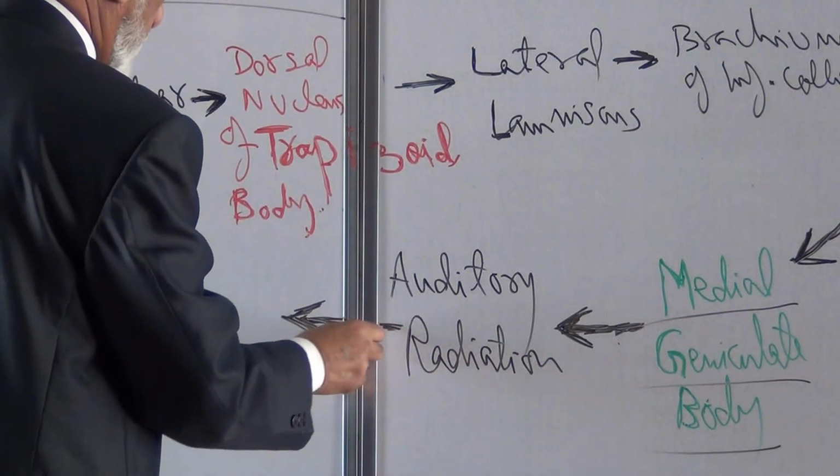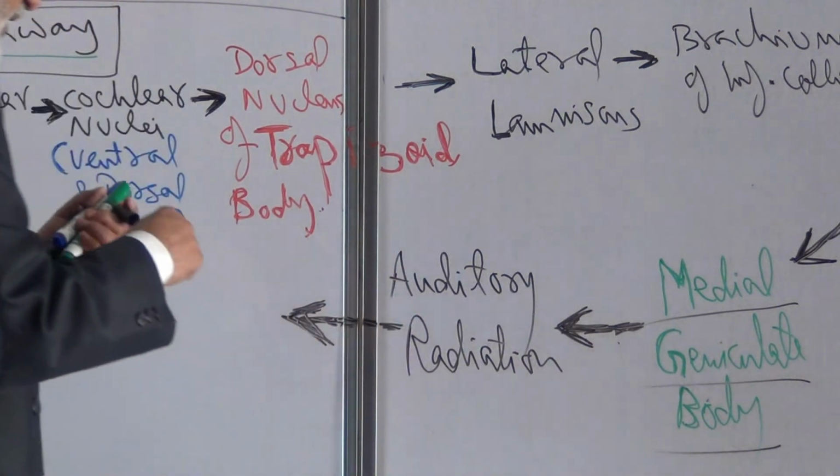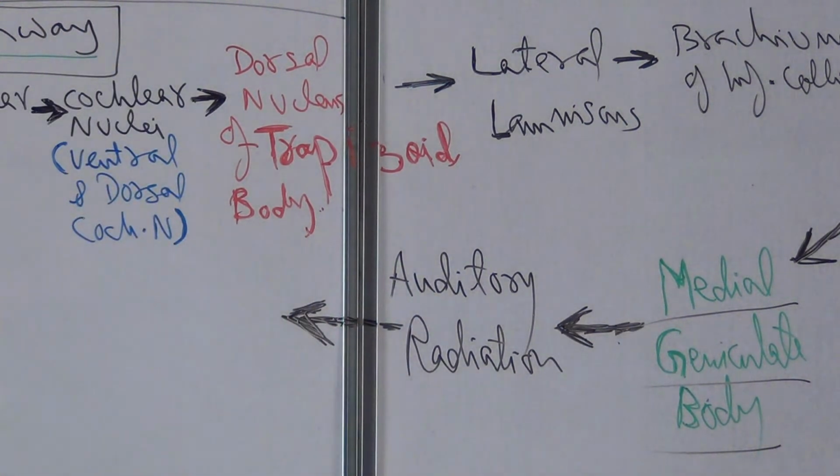So from the medial geniculate body, the fibers arise in the form of auditory radiation, and these auditory radiations terminate in the auditory center.